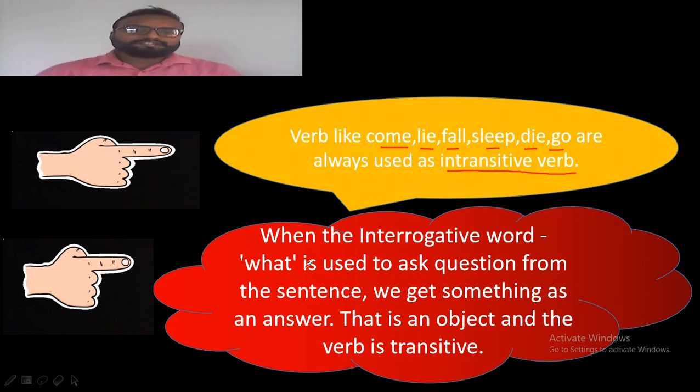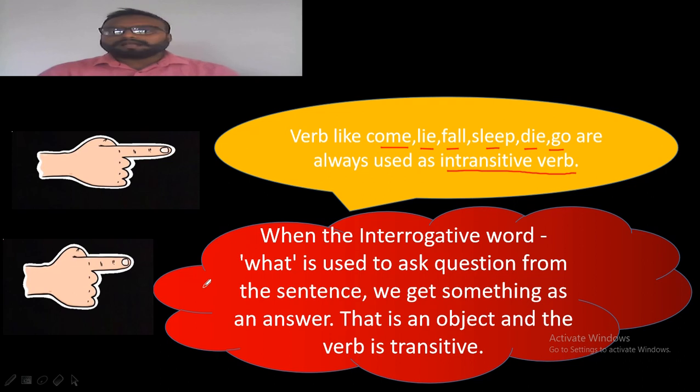Another trick, which I have already given you while solving the example, is that you have to frame the question with the help of the interrogative word what, and whatever you get as the answer will be the object, and that verb will be a transitive verb. If you are able to form a grammatical question, then that verb is regarded as transitive.